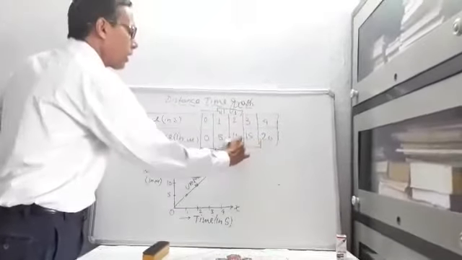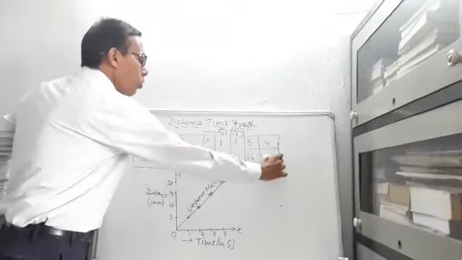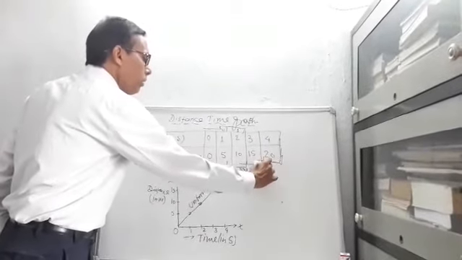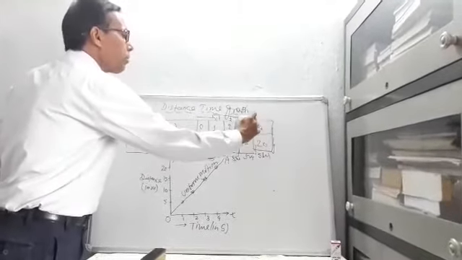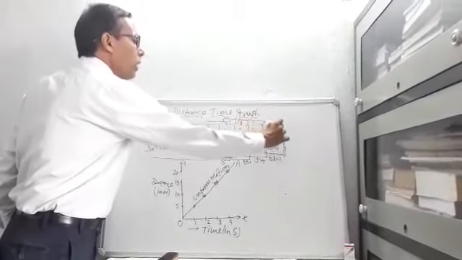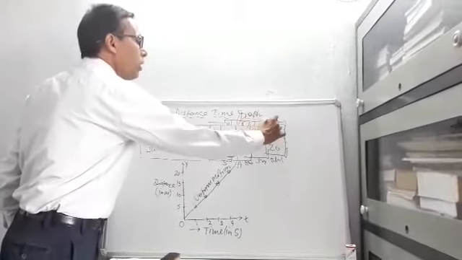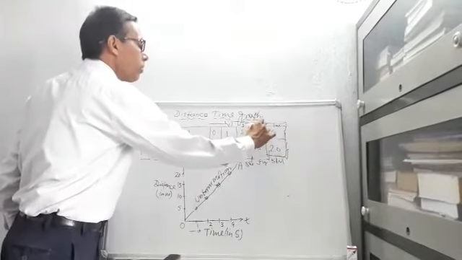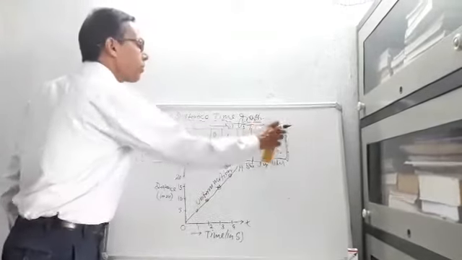Again 15 minus 10, 5 meter. 20 minus 15, 5 meter. 3 minus 2, 1 second, and 4 minus 3, 1 second.